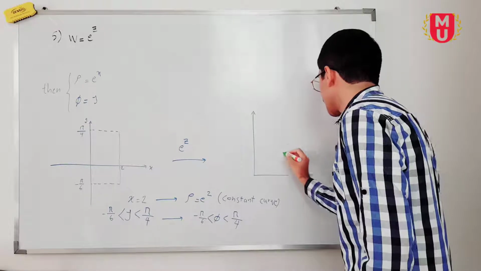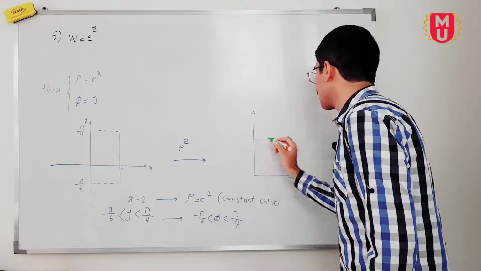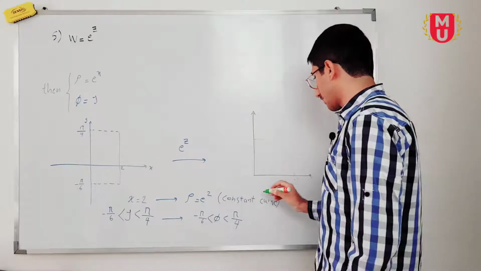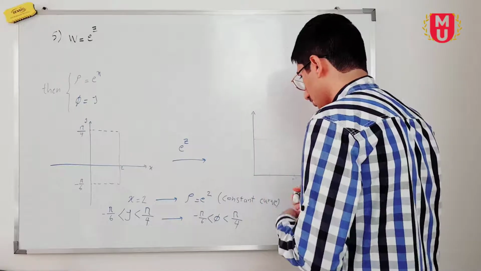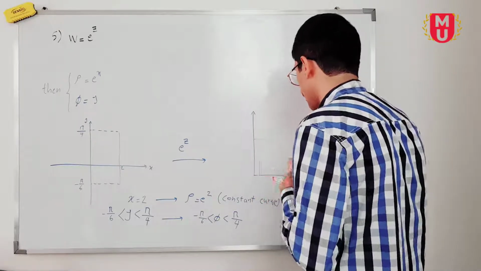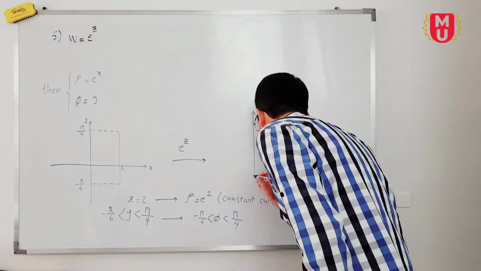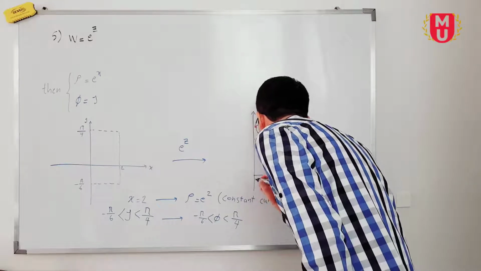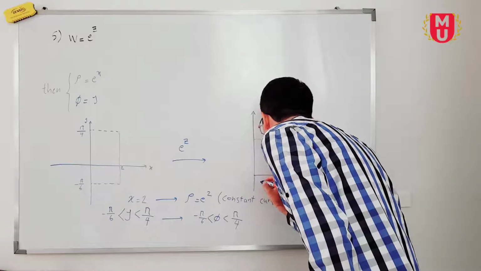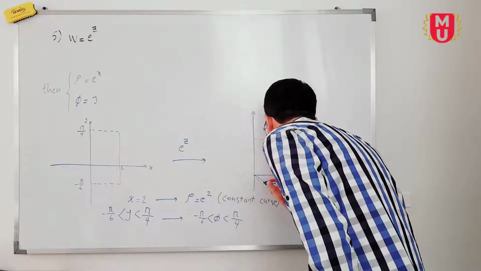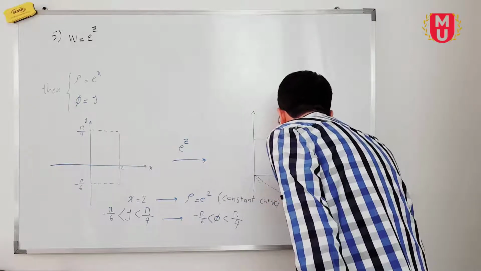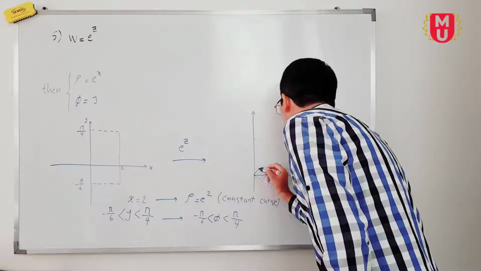We draw a curve as much as this, and phi is equal to minus pi over 6 and pi over 4. This is pi over 4. This is pi over 6. And this is pi over 4.